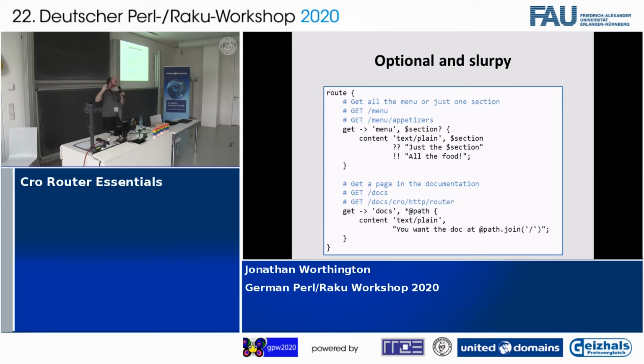That's what star normally means in Raku. So we say take whatever number of route segments come in. And basically what you've just received is not only a guide to how to match URL segments, but if you haven't done it before, you now understand how to use Raku signatures as well. So I guess that's kind of nice.